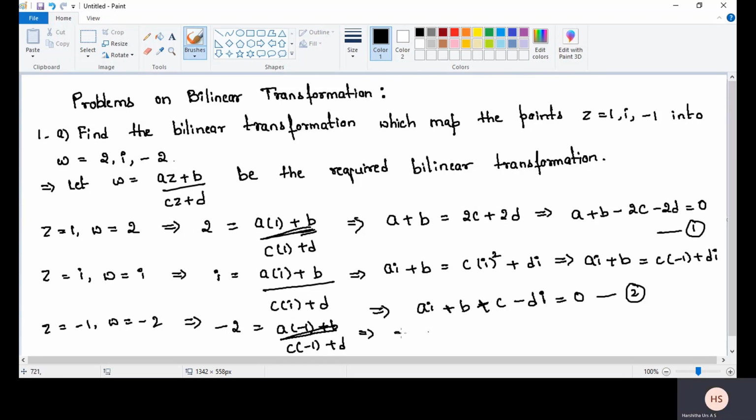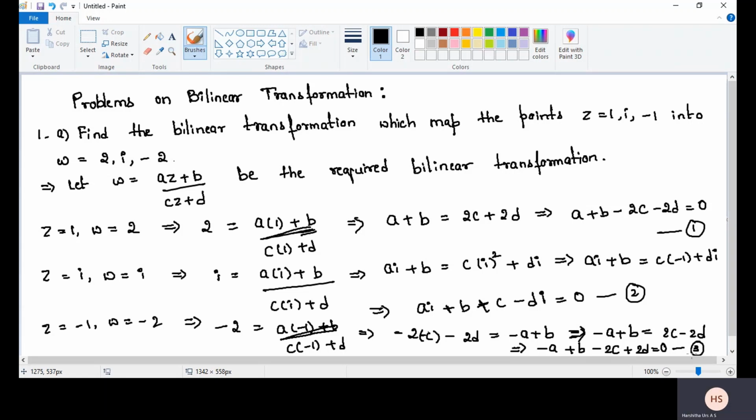Here that implies minus 2 into minus c minus 2d is equal to minus a plus b. That implies minus a plus b is equal to 2c minus 2d. That implies minus a plus b minus 2c plus 2d is equal to 0. Call this one as equation 3.